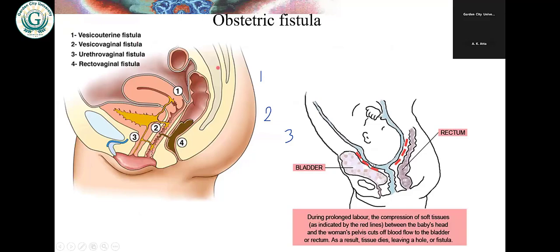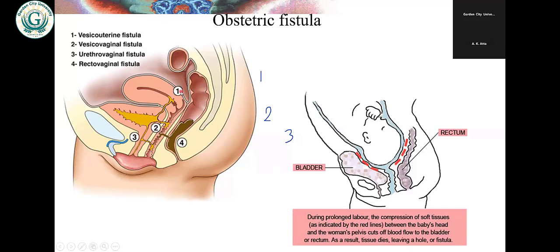Because when there's prolonged labor, the blood supply here between the uterus and the rectum, and between the uterus and the bladder, will be cut off. Remember, there are tissues here, a septum, separating the viscera. So when those soft tissues become compromised, then of course you have abnormal connections being created.